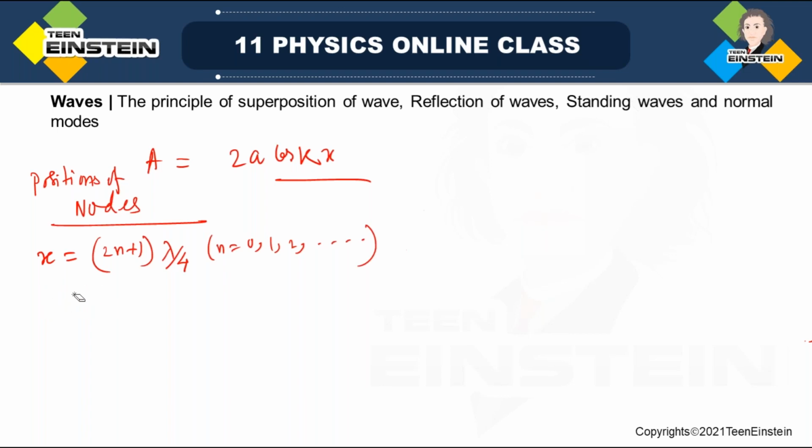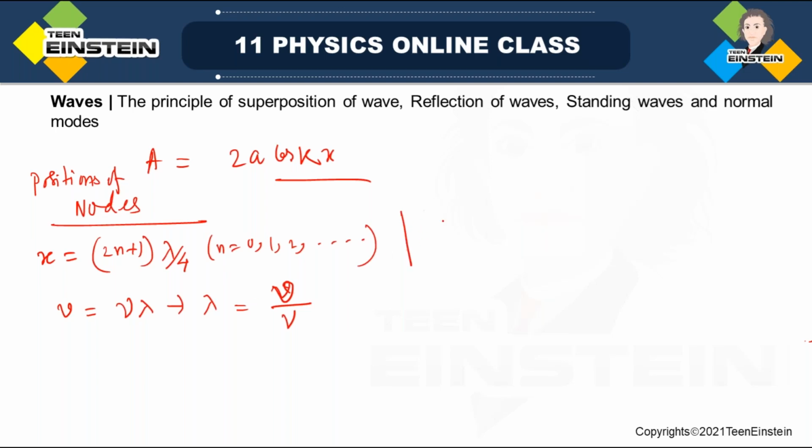Lambda, we know speed is nu into lambda, so this expression can be written in terms of nu and the speed of the wave. Let us replace lambda: lambda is equal to v by nu.